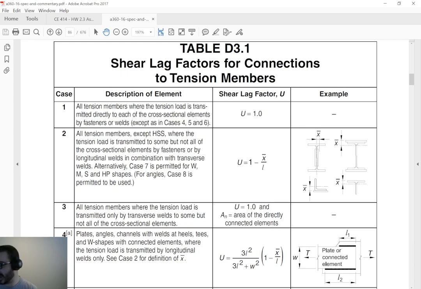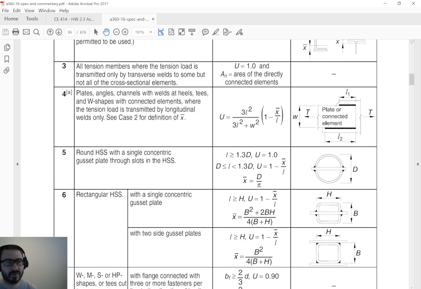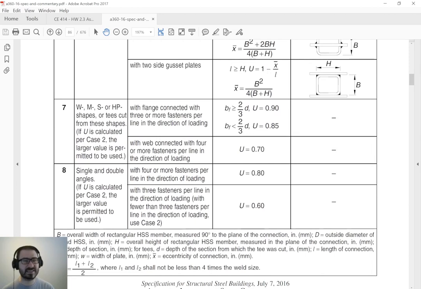What about any of the others? Do we have to apply case 3? All tension members where the tension load is transmitted by welds? No, don't have to worry about case 3. Case 4, plates, angles, channels with welds at heels, C's. We don't have to worry about case 4. Case 5, HSS. No. Case 6, no. Case 7, W, M, S or HP shapes or T's cut from these shapes. No. Case 8, single and double angles.